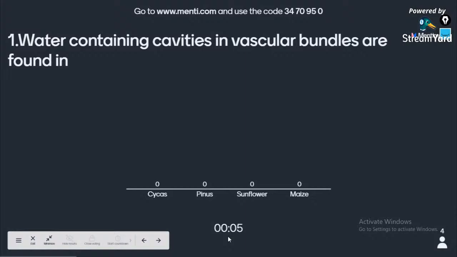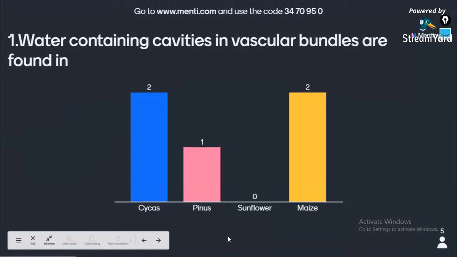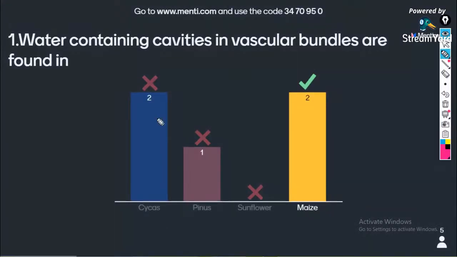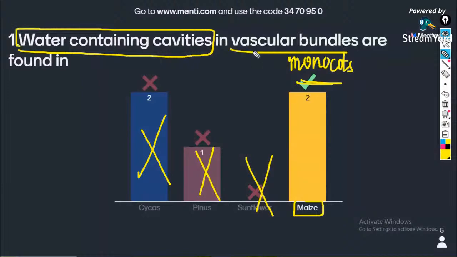Guys, it's not cycas, it's not pinus, it's not sunflower. In monocots such as maize, wheat, sugarcane, you have water containing cavities inside their vascular bundle.